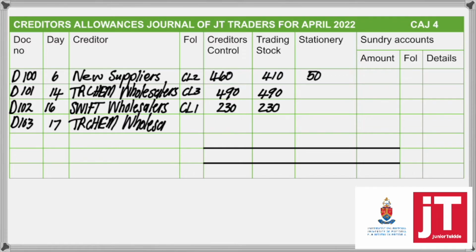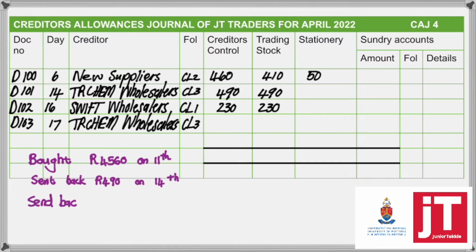Then on the 17th, we sent back all of the stock from Trichem wholesalers because all of it was substandard. And now that is where that calculation comes in. So we bought 4,560 on the 11th. We sent back already the 410 Rand. There we recorded the 90 Rand.